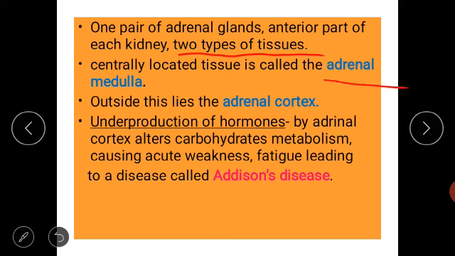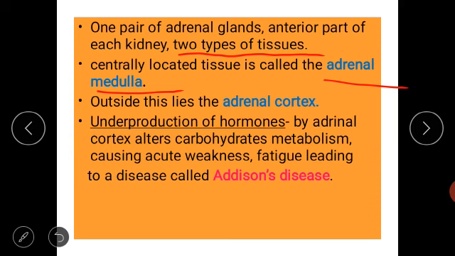So adrenal medulla is the middle portion of the adrenal gland. That is one kind of tissue. And the cells that lie outside are the adrenal cortex.